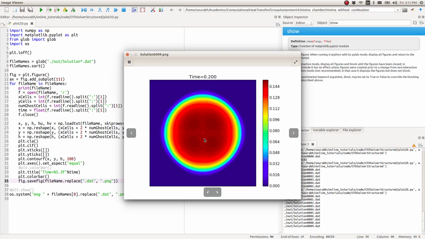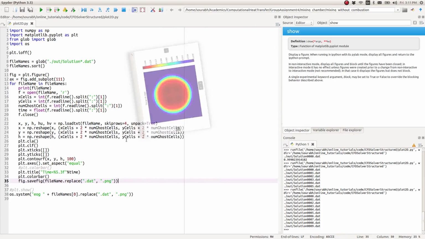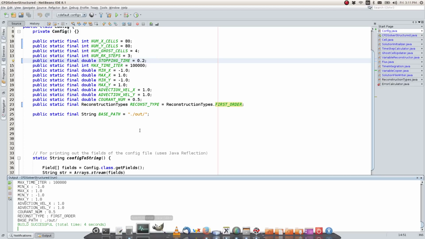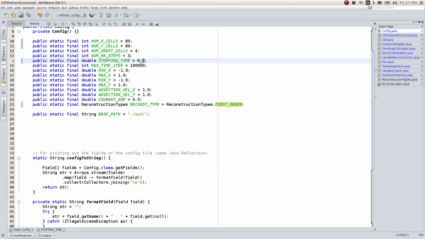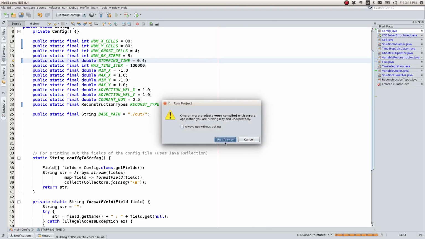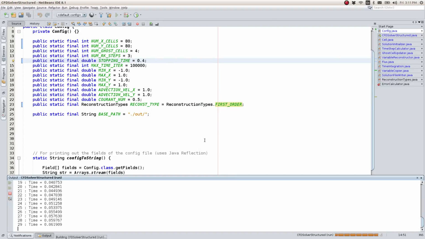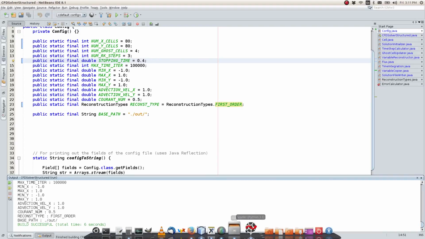We can see some kind of effects happening here. So I'll make it 0.4. Let its periodicity play some role, which might cause some problems, I guess.